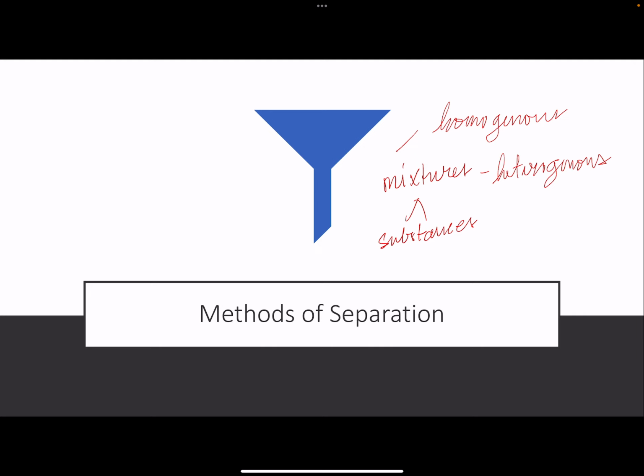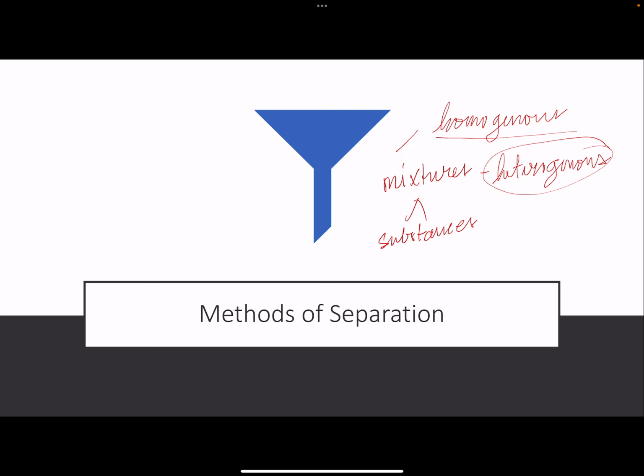Homogeneous mixtures are mixtures that are dissolved or indistinguishable from each other, while heterogeneous mixtures have clearly visible or objectively separate parts even though they are mixed together. So, just a quick review of what mixtures are.